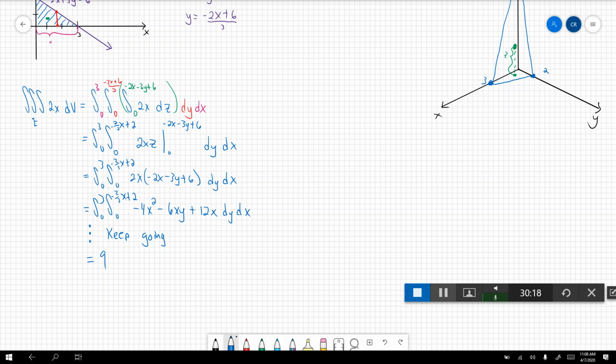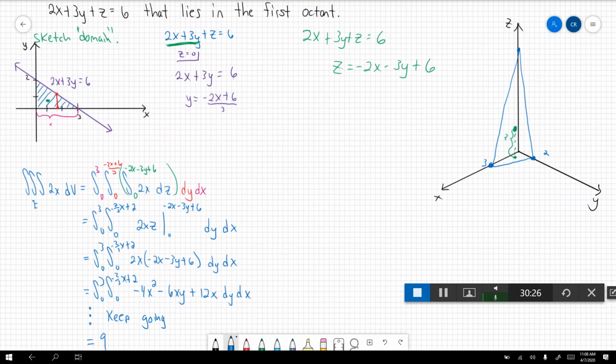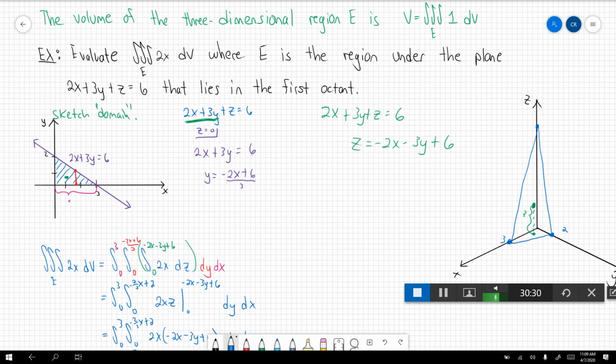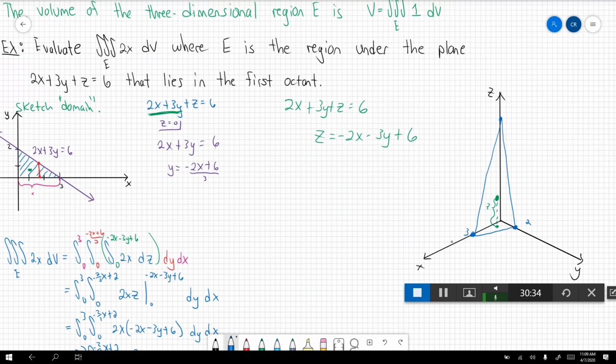So what we want to then see is what type of integrals we can work with when we're working with these triple integrals. Now, in this particular question, could I have chosen my domain to be x's and z's instead of x's and y's? Sure, I could. Or could I have chosen my domain to be y and z instead of x and y? Again, that's a possibility.